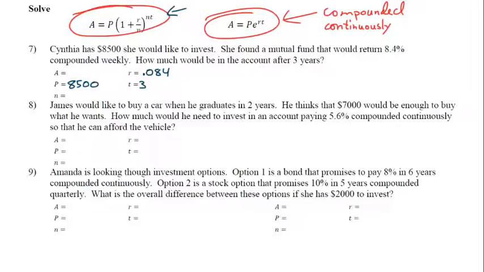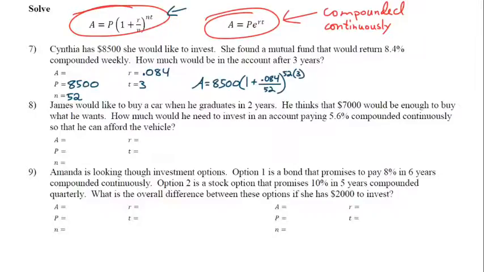And it's compounded weekly. If you do something weekly, you do it 52 times in the year, because there are 52 weeks in a year. So here's your equation. A equals 8,500 times 1 plus 0.084 divided by 52 raised to the 52 times 3.